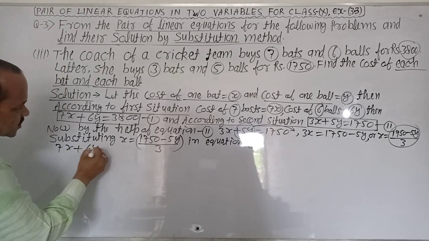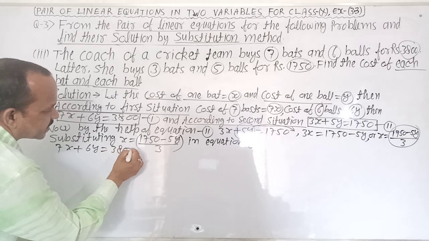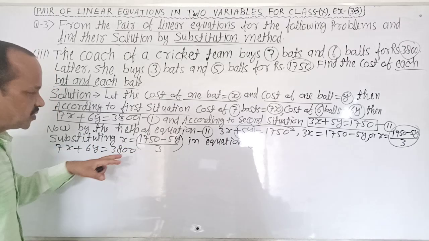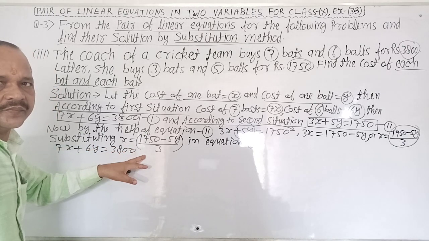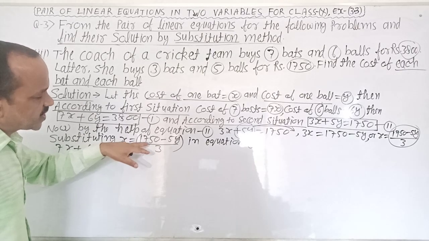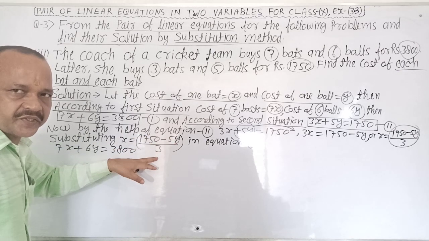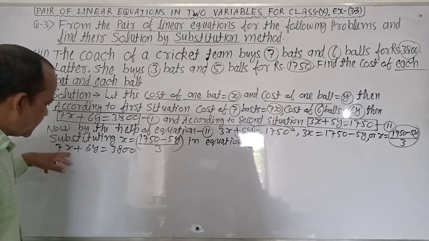7x plus 6y equal to 3800. Now you put the value of x equal to (1750 minus 5y) by 3 in the place of x.